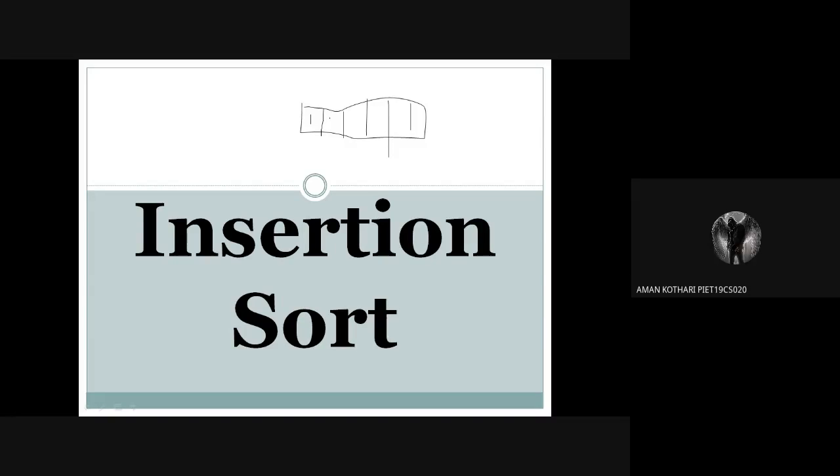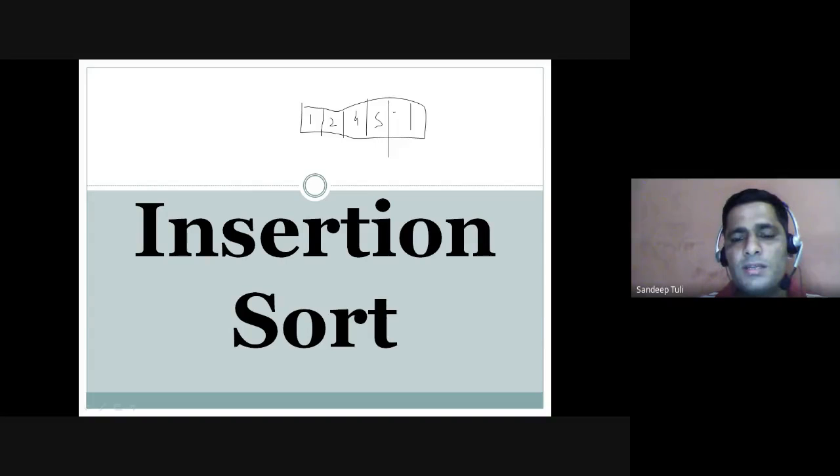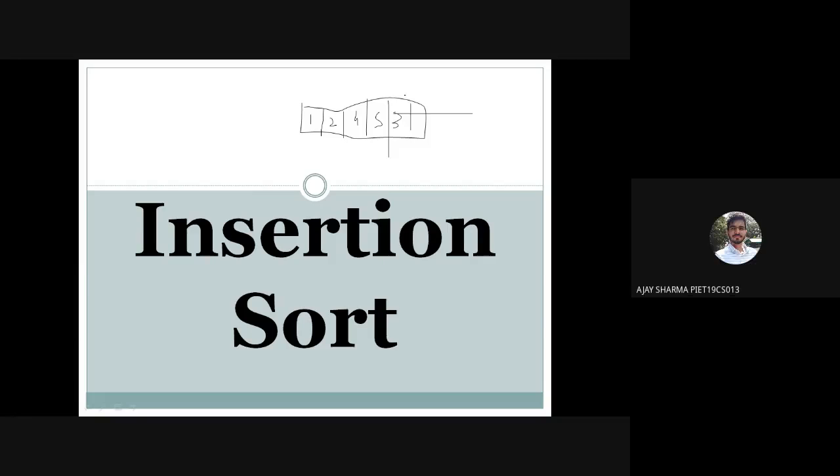Sir, we need to know the index position where we need to insert. Suppose this is the array we already have, and you need to insert 7 after 2. So what is the logic? We need to shift the rest of the elements.